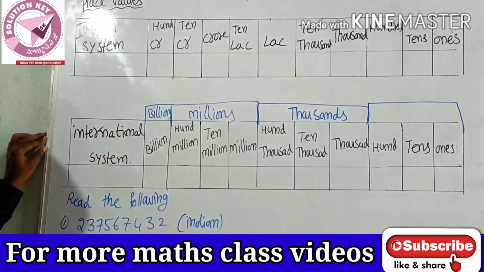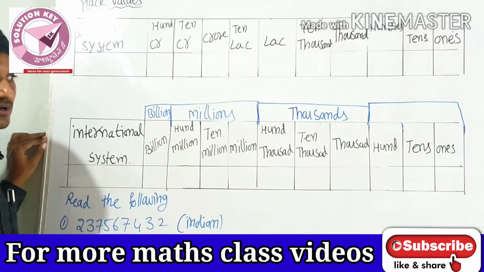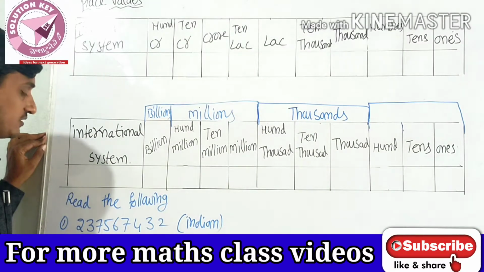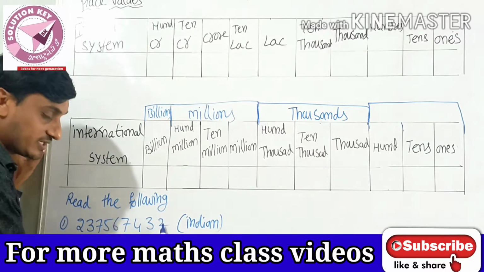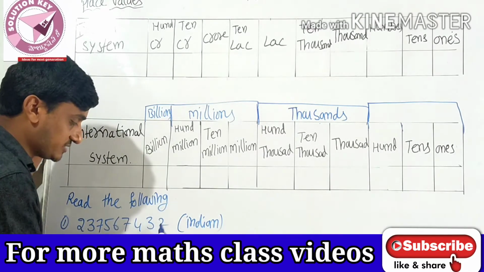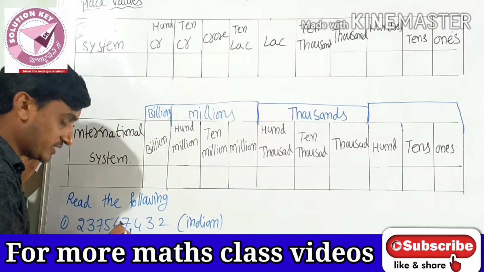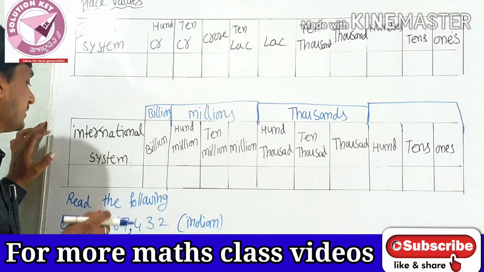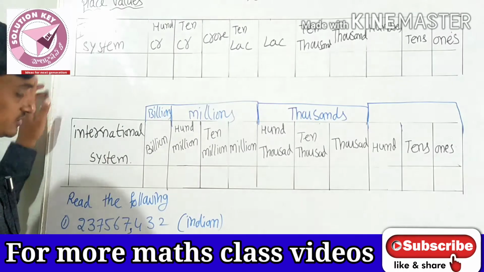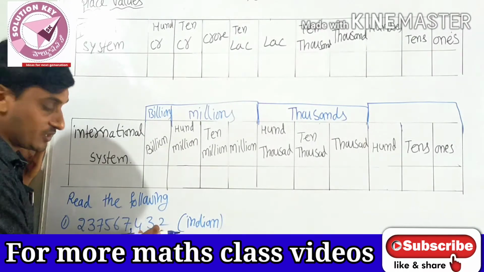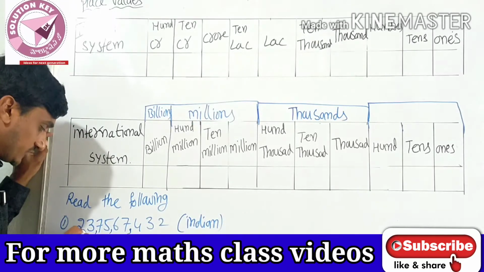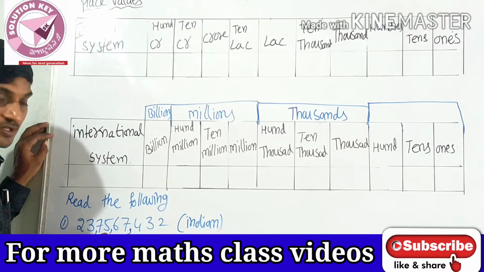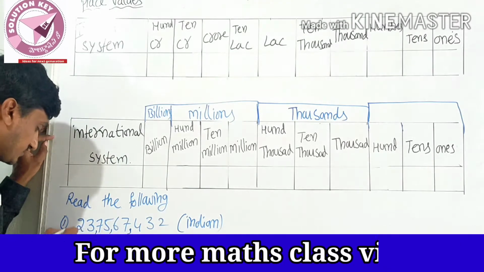In the Indian system, it is very easy to read the digits. From the right hand side onwards, you take 3 digits first. In both the international system and the Indian system, first we take 3 digits. But in the Indian system, after those 3 digits, you take only 2 digits.